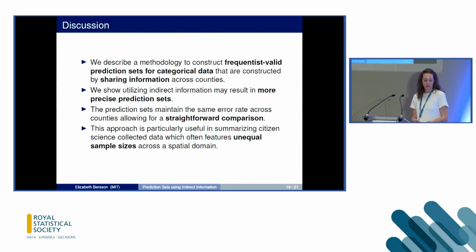In general, we argue that the prediction sets, which maintain the same error rate across the counties, allow for a straightforward comparison across counties. You have the same sort of statistical guarantee across all of the counties, and it just makes it a little bit more natural to compare. And this approach is particularly useful in summarizing citizen science collected data, which often features unequal sample sizes across some domain.